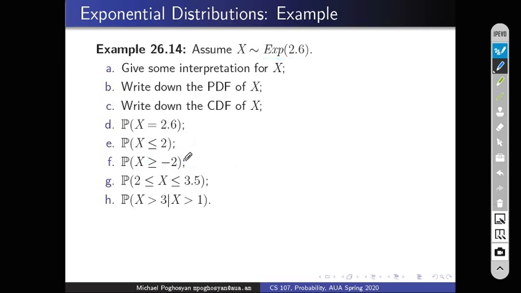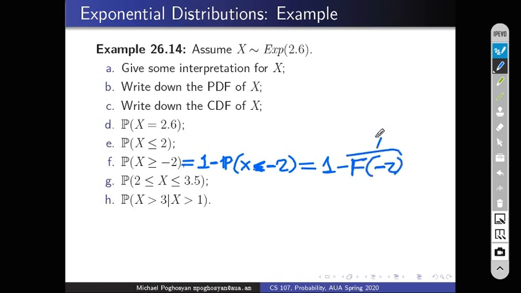Or by using the formula, I'm passing to the complement: 1 minus the probability that X is less than minus 2. Although these probabilities are the same if I write with the equality sign. This is equal to 1 minus the value of the CDF at minus 2. But the value of the CDF at minus 2 is 0. For negative values, the CDF is 0. So this will give 1.